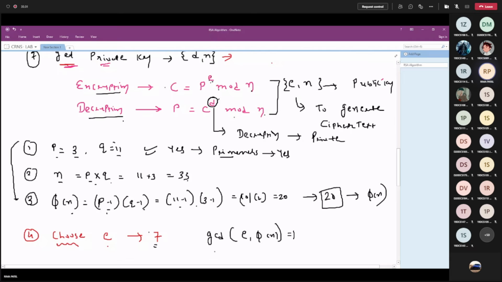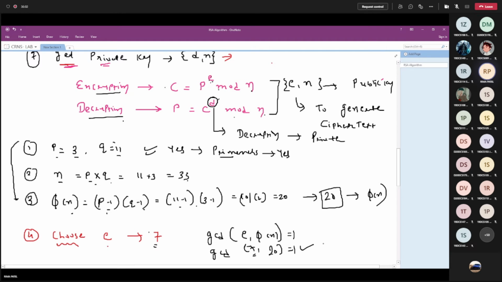That is, GCD of 7 and the Euler totient function, which is 20, is 1 or not? Yes, the condition is fulfilled, so I can use this 7. If you take 5 or 6, the GCD is not 1. That is why I have not chosen 4, 5 or 6, because the very first condition is going to be wrong.